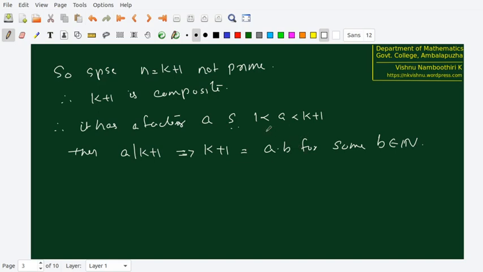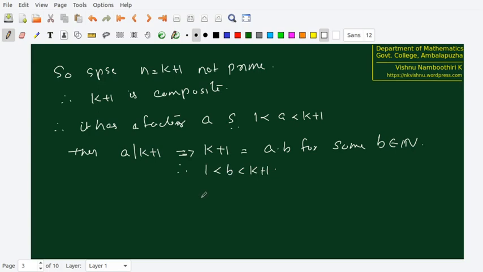Therefore, b cannot be equal to 1, because if b is equal to 1, then a into b is equal to a, therefore a is equal to k plus 1, which is not true. If b is equal to k plus 1, that is also not possible, because then a will become equal to 1. That's also not possible. Therefore, b lies between 1 and k plus 1.